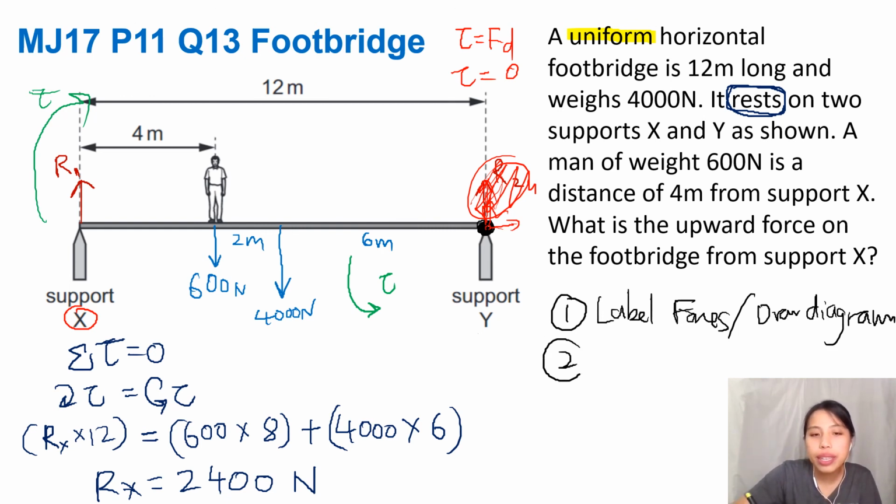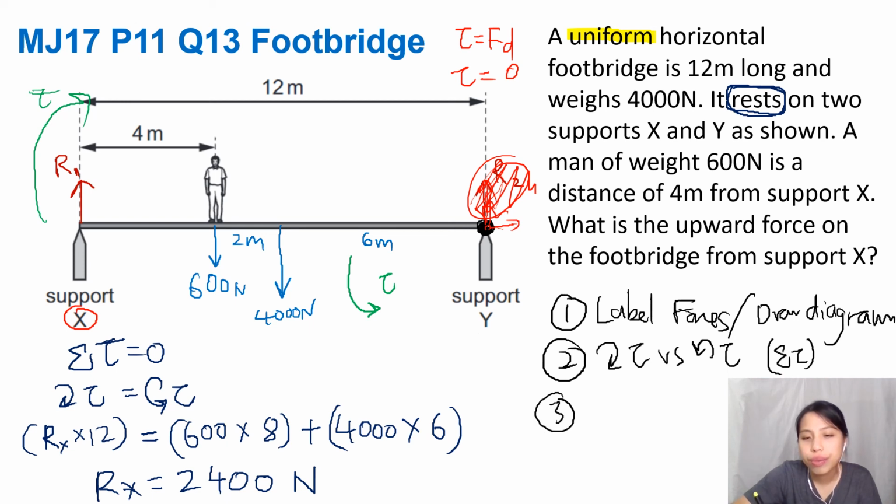So once you've labeled it, then you need to check which one is clockwise torque, which is anti-clockwise. You need to define your directions. Which one's positive, which one's negative, where and what. Then you put all together. Also, I should mention net torque. You should check the question. Is it net torque 0 or otherwise? Then lastly, of course, you can solve.